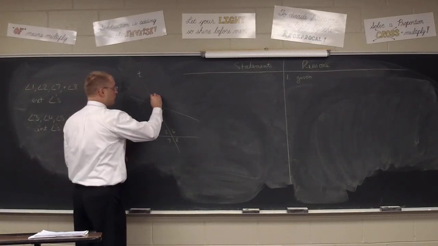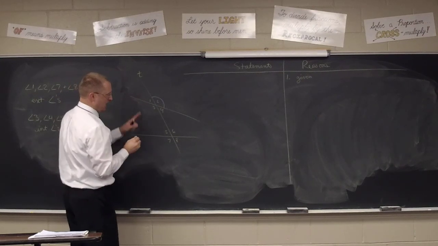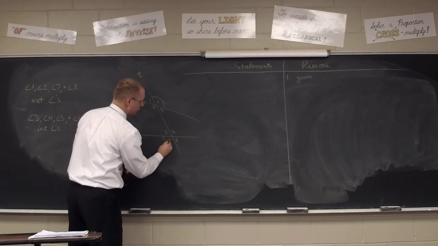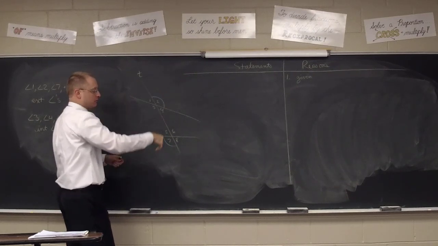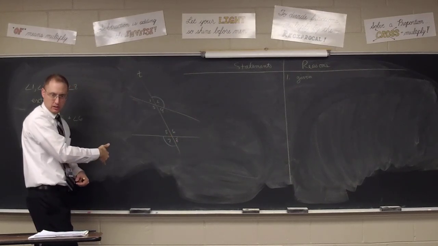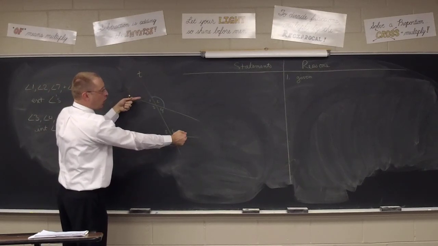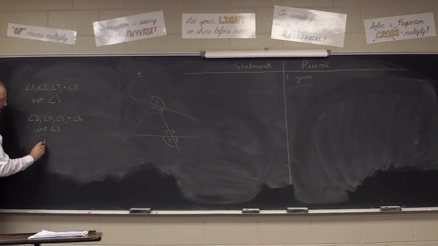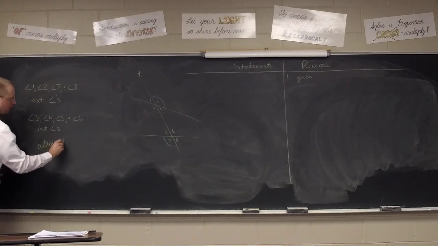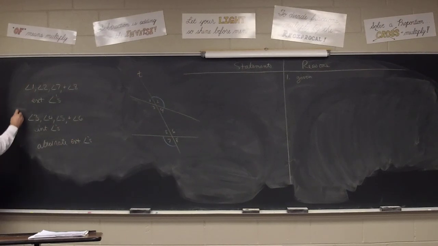I want you to notice this. Look at angle 2. It's exterior, as is 1, 7, and 8. Notice 7 is also exterior, but while 2 is on this side of the transversal, 7's on that side of the transversal. So they're exterior to the lines, and they're on what we call alternate sides of the transversal. Those are referred to as alternate exterior angles.